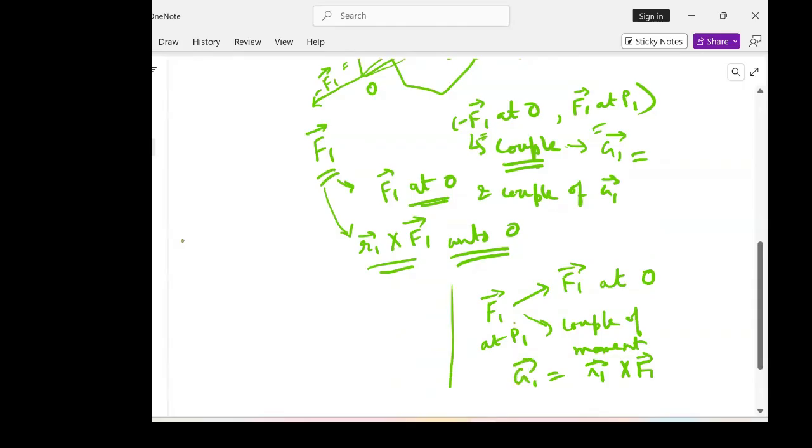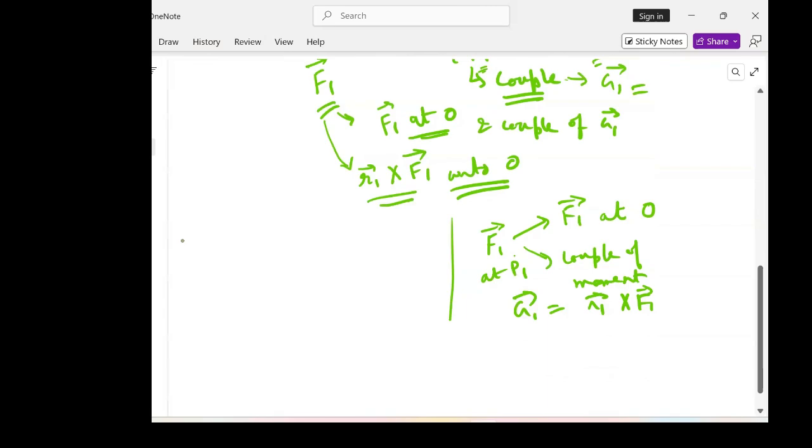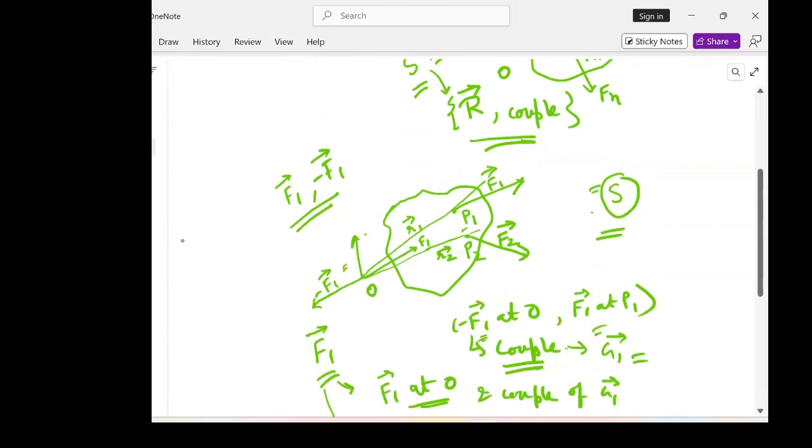Similarly, we can do the same thing for any number of forces in the system S. Here I have drawn it for F2, so you can just insert the two forces F2 and minus F2 like this, and again continue the same argument.